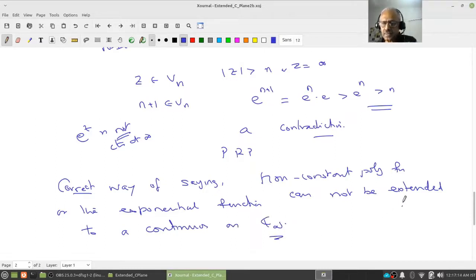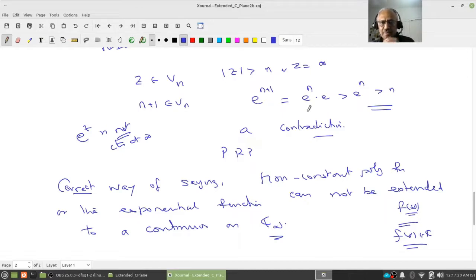That means I cannot define f of infinity properly. And remember, f of infinity has to be a complex number. We use that fact.